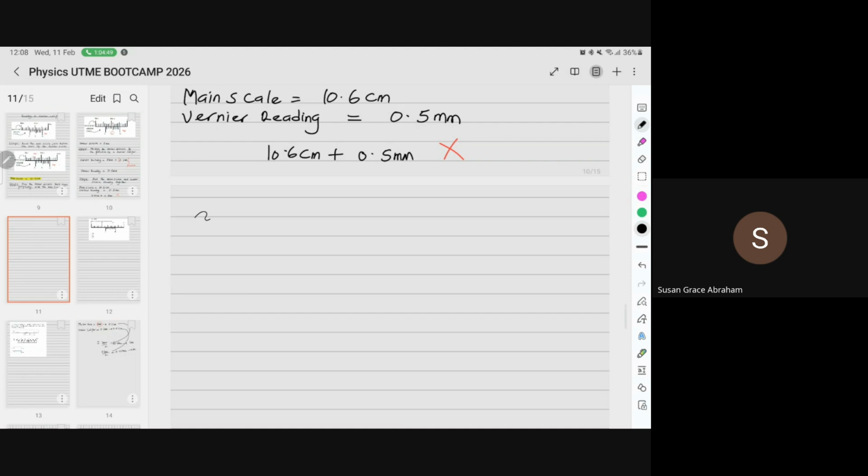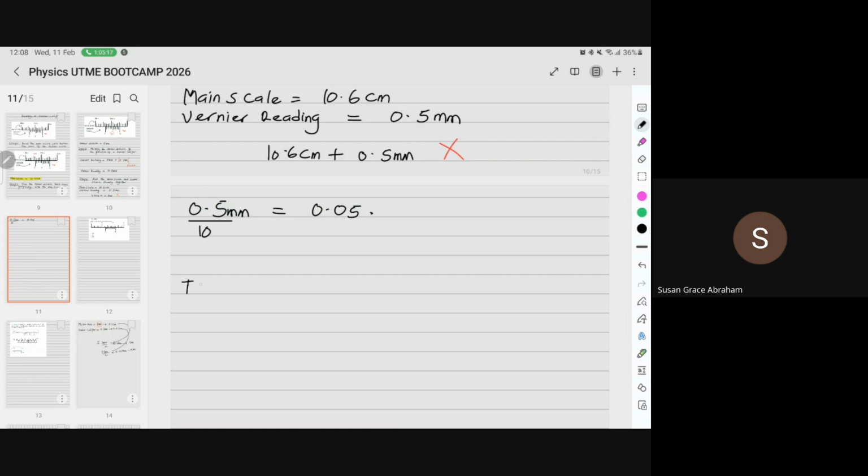I prefer to convert to centimeter rather. So 0.5 millimeter, divided by 10, will give us 0.05. Does it make sense now?